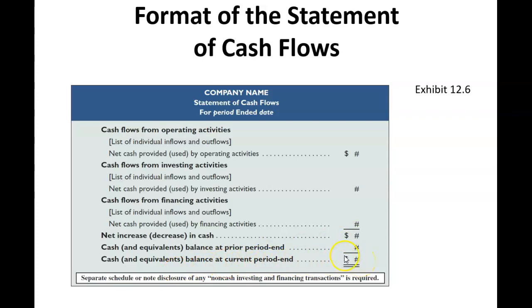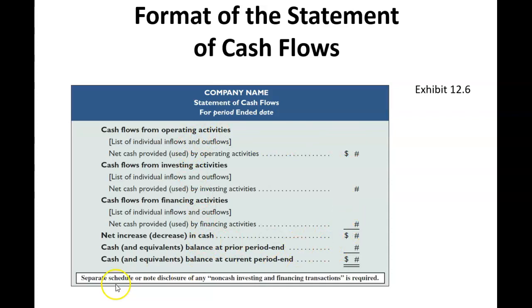And we will compare this year-end balance of cash with the cash shown on the balance sheet to make sure that it's the same. If they are not the same, there's a good possibility that an error was made in preparing the statement of cash flows.